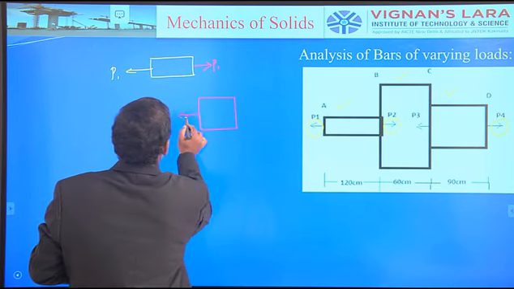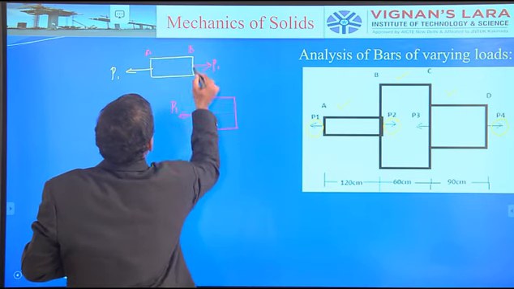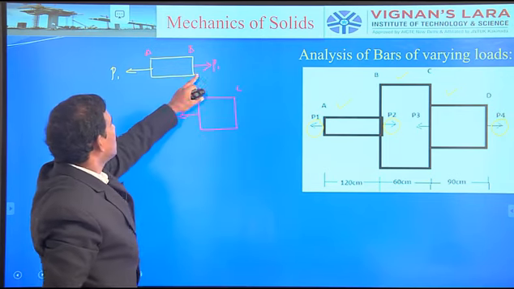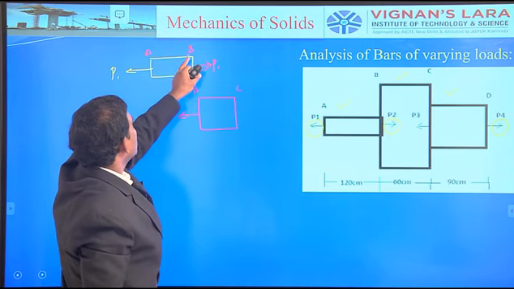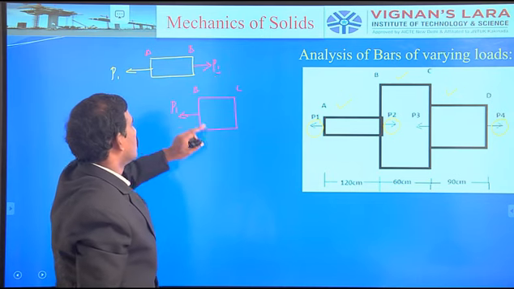So this is P1. This is A. This is B. Again, this is the portion B. It is C. Keep it in mind, the portion AB is balanced by the applied force P1.